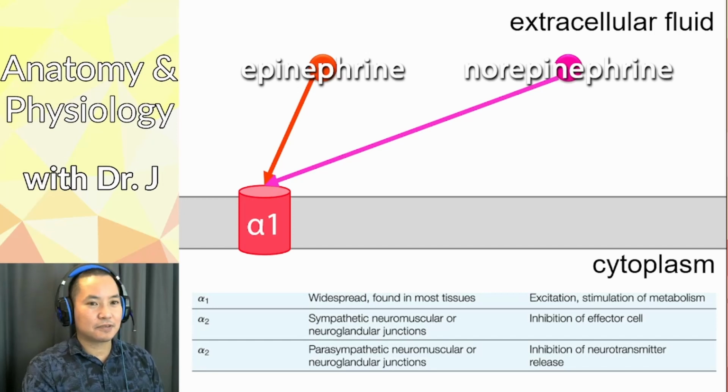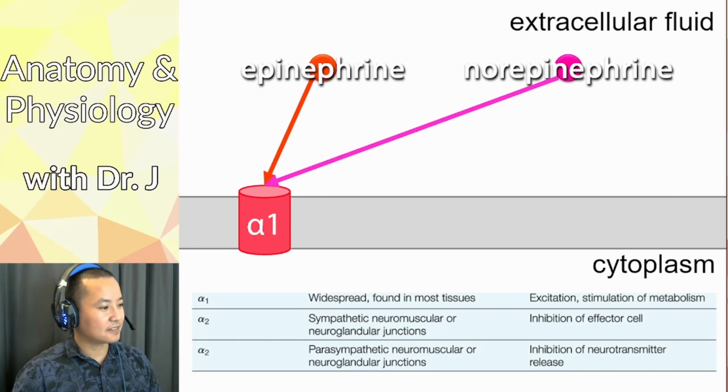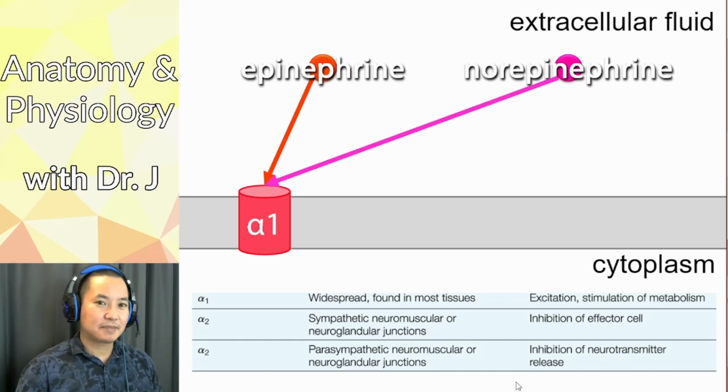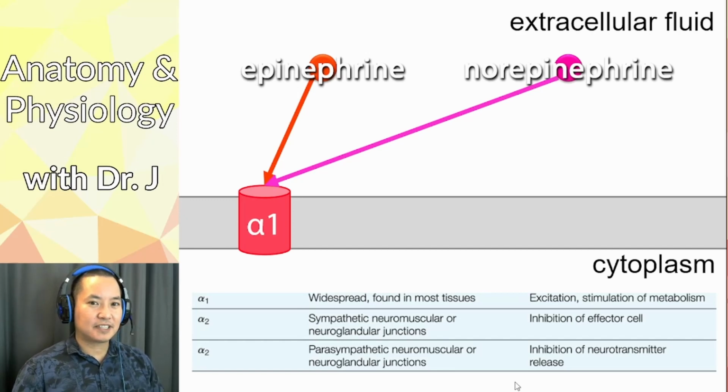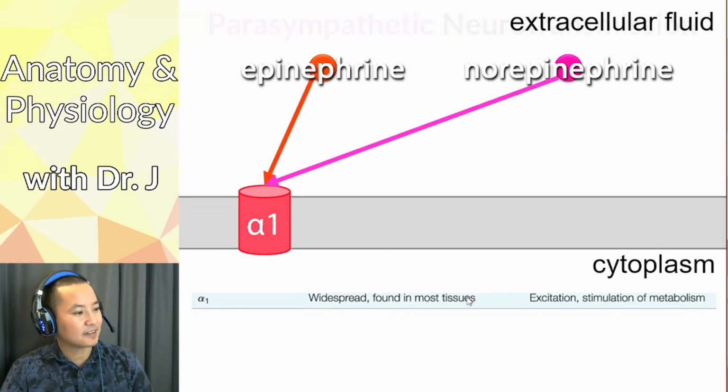If you want a cell that only causes an excitation response to sympathetic activity, maybe you want only alpha-1 receptors on there. So this is how your body is able to determine different responses: same chemicals, same epinephrine, norepinephrine, but by changing which receptors are on a cell, you can change its response to sympathetic or parasympathetic activity.